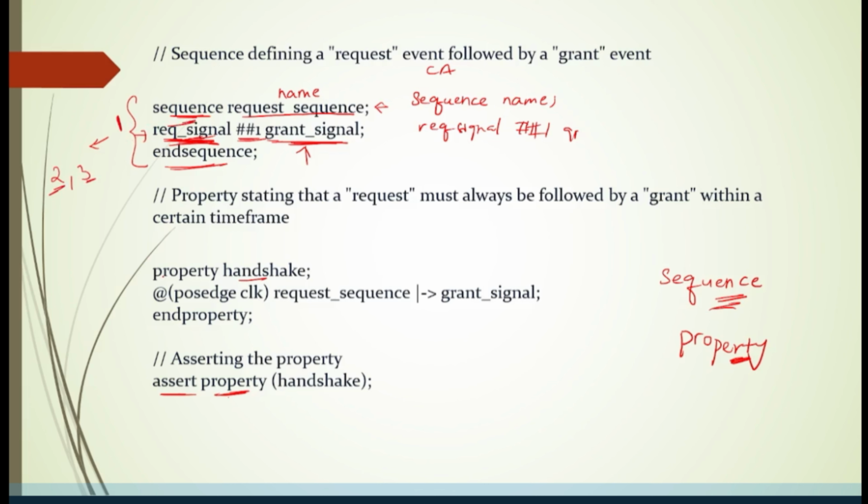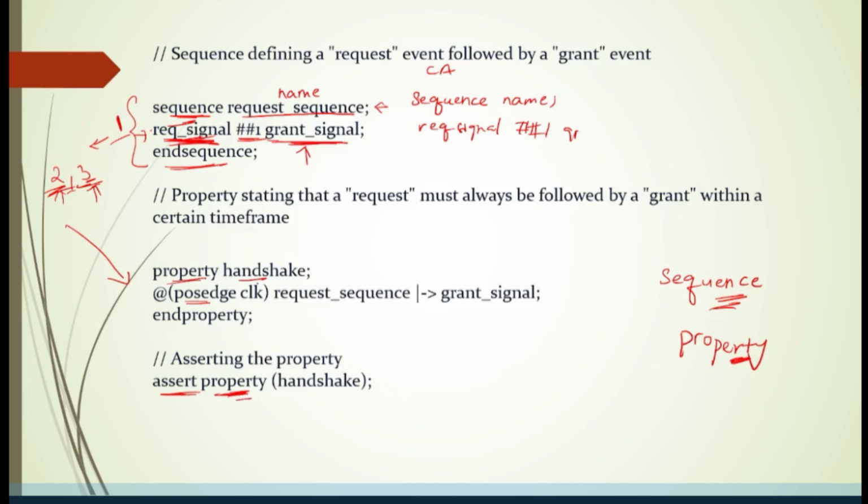Now in a property, you combine all these sequences, write the property, and then assert the property at a time. So instead of asserting all these sequences one by one, you combine them in the property. Whether there is one sequence or many sequences, you make that a property and then assert the property. Clear? This is the concurrent assertion.